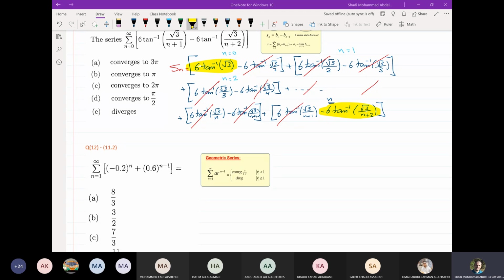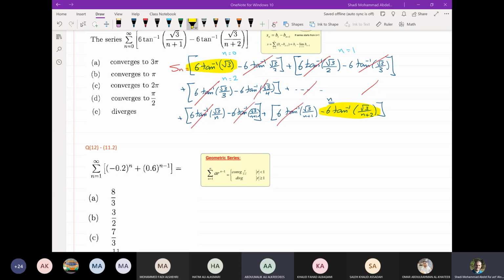It can be, in some cases, the first with not the last but n minus 1. When the series begins with 1 or 2, the telescoping will change, so it could be first with last, or second with n minus 1. It can be like that.